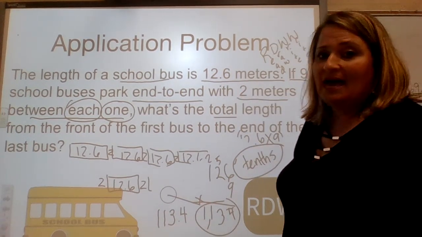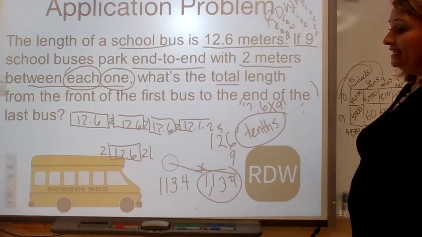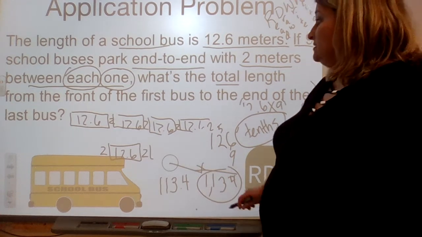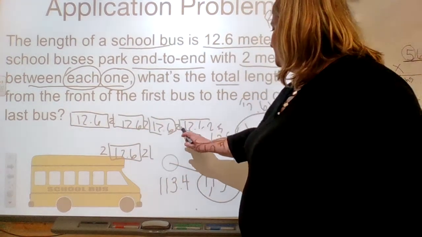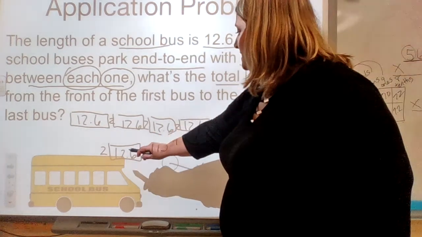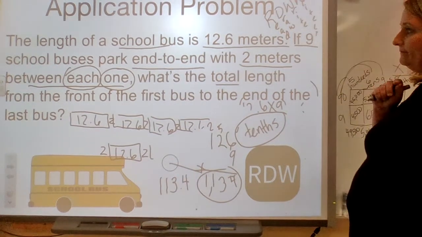Now I need to add my 2 meters between each one. So I'm going to have 2, 4, 6, 8, 10, 12. Is that right?